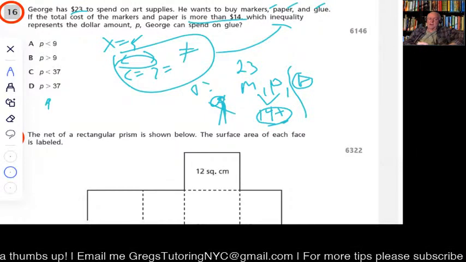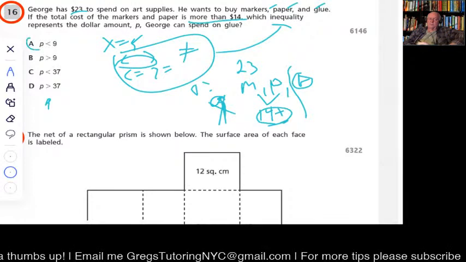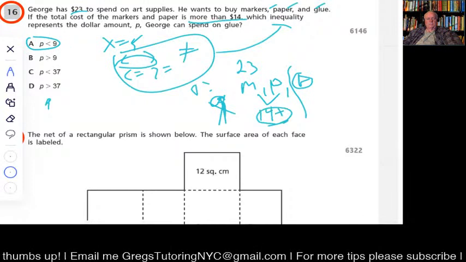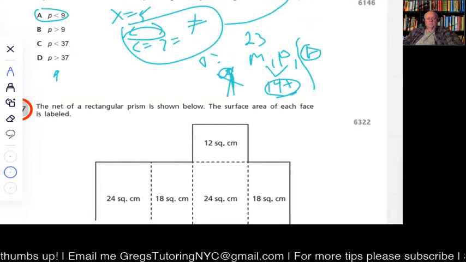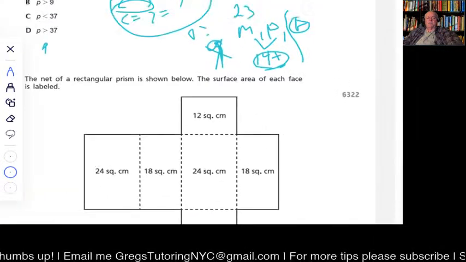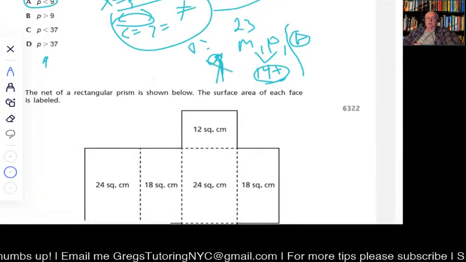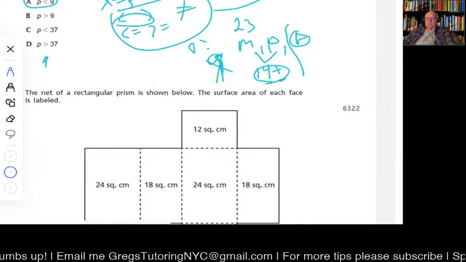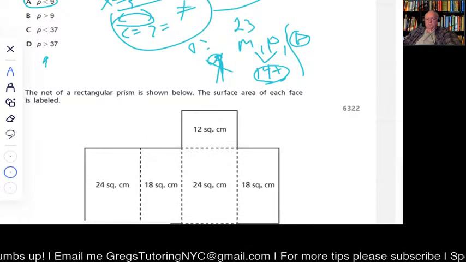Well, obviously it is A. Okay, 17. And by the way, what you double-check here is just to make sure that the 9 is realistic, that you actually did 23 minus 14 in some reasonable way.